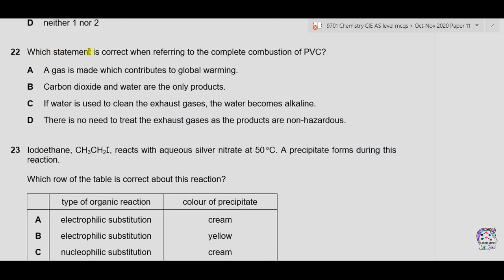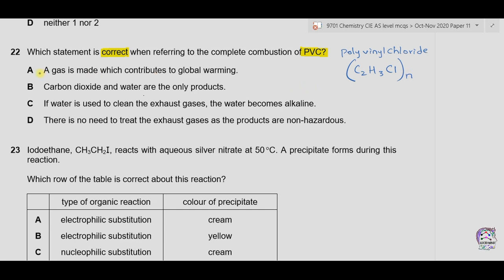Question 22. Which statement is correct when referring to the complete combustion of PVC? PVC is polyvinylchloride. The general formula of PVC is C2H3Cl with n number of repetitions.